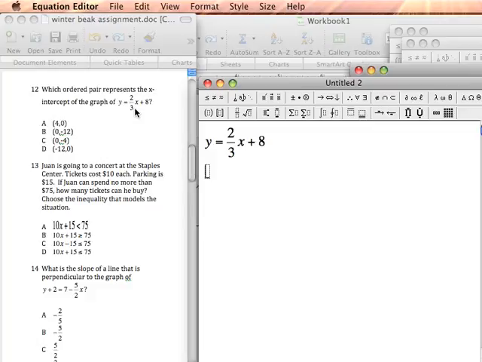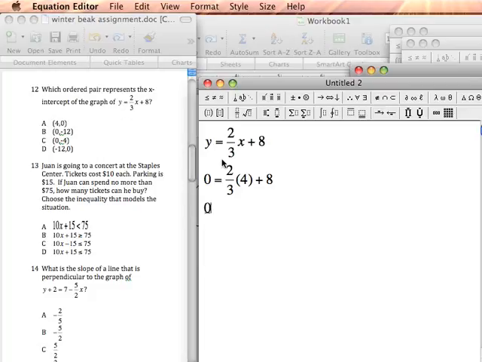So let's go ahead and substitute. So with A, my coordinate says 4, 0, so I'm going to replace y with 0, and I'm going to replace x with 4. So go ahead and make my fraction 2 over 3, and x is equal to 4, plus 8.